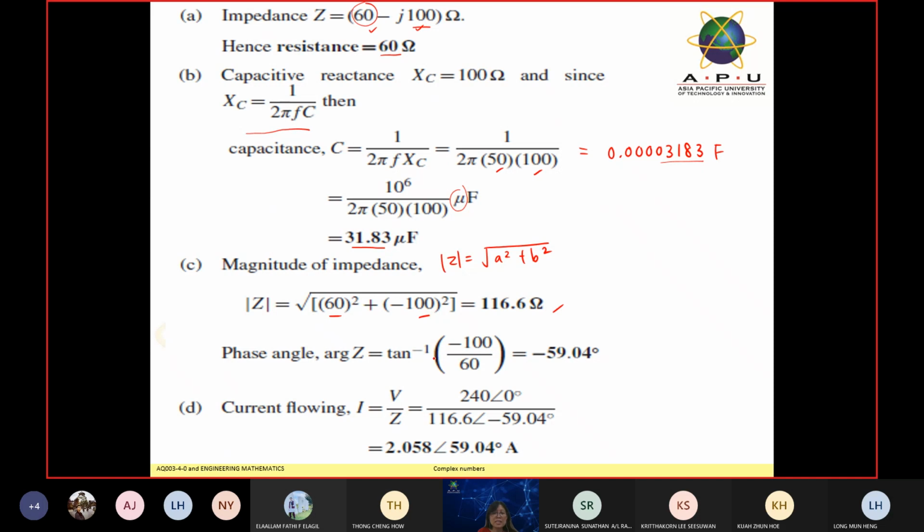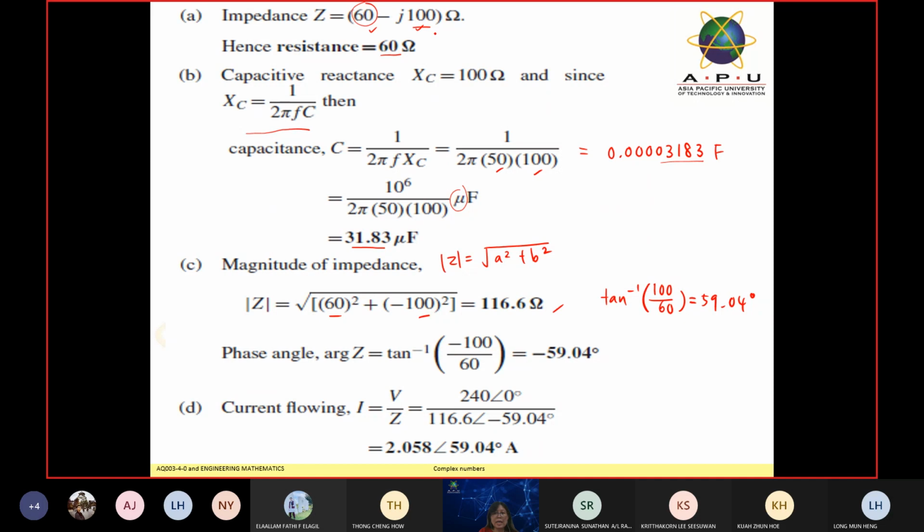Then for the phase angle, that means it's referring to the argument. The argument means the arctangent. As I said, I normally don't put the sign. So if I exclude the sign, it will be 100 over 60, and I will get 59.04 degrees. Then for 60 minus j100, the X is positive, the Y is negative.